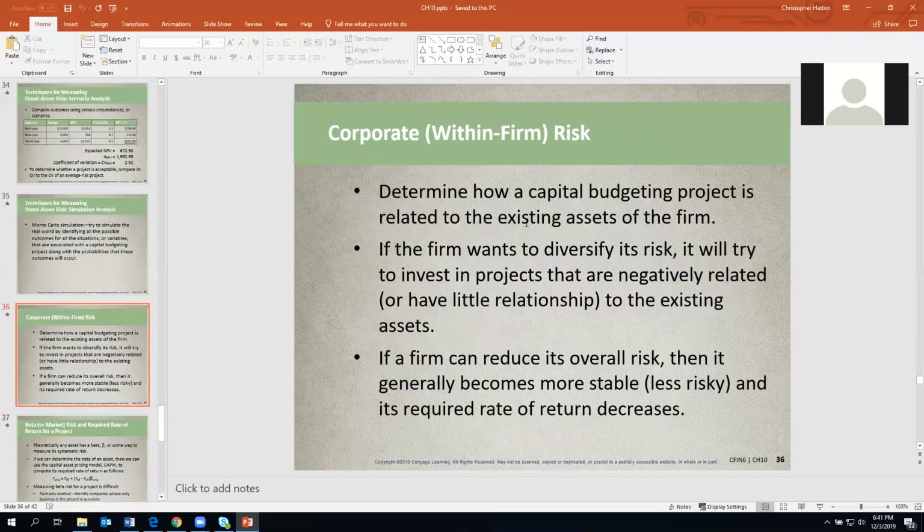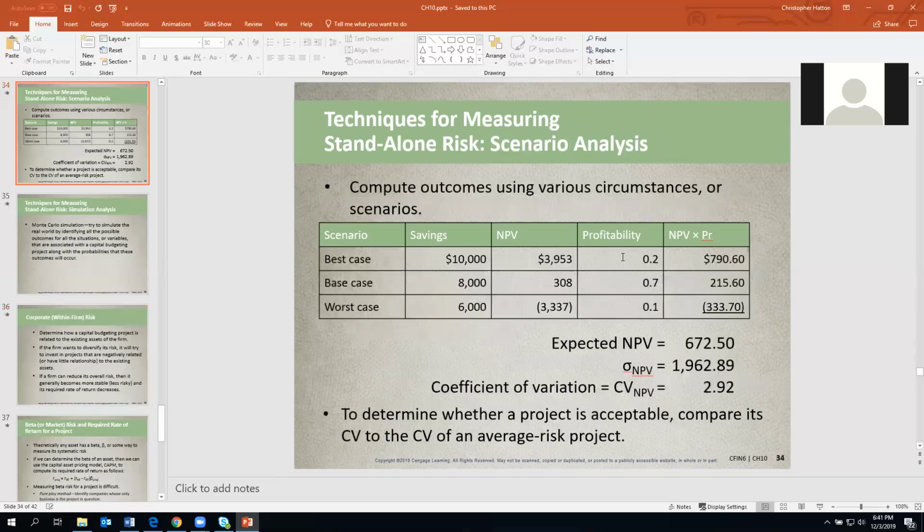So this is now within-firm risk. So that other one was standalone. That's saying that over time, they're not going to increase or decrease productivity. So your standalone risk is set it and forget it. And this is best case, worst case, and base case.